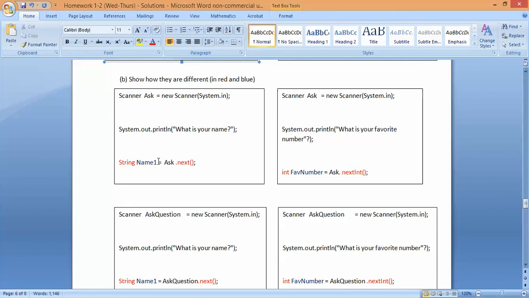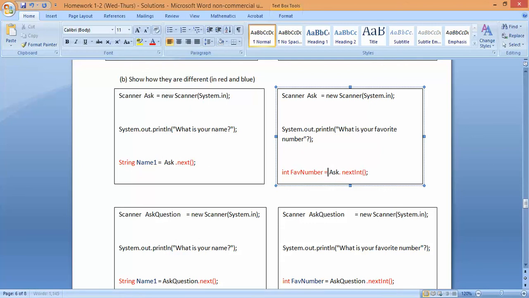You cannot name them the same, like you cannot have string name1 and then int name1. That's wrong. You can't do that. In other words, they have to be different. So we're going to put favorite number.